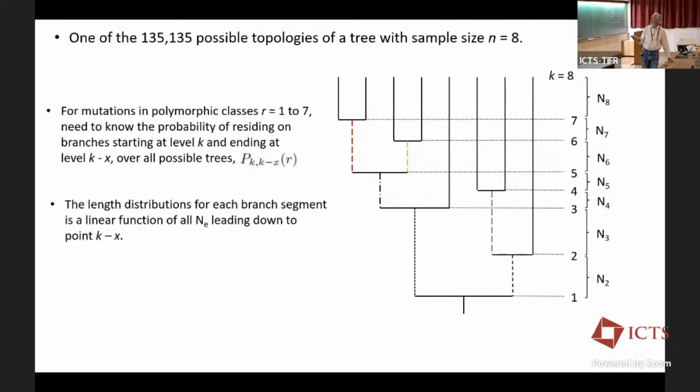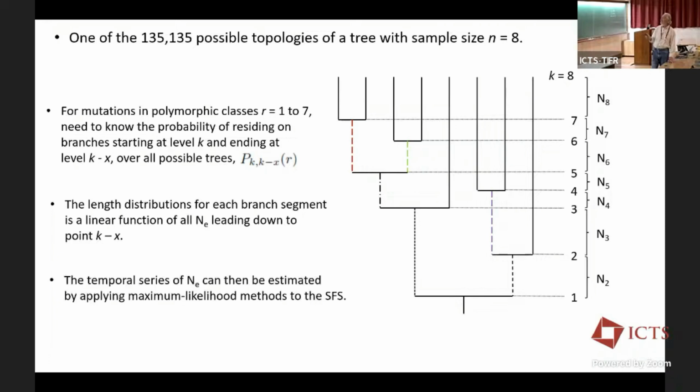So the point here is that the length distribution going down is a linear function of the coalescence going from the tip all the way down, no matter where you are on the genealogy. We use this information and sprinkle mutations down on the tree.